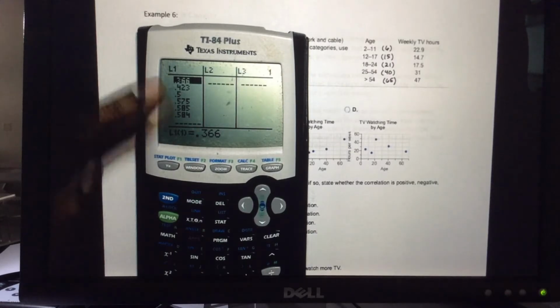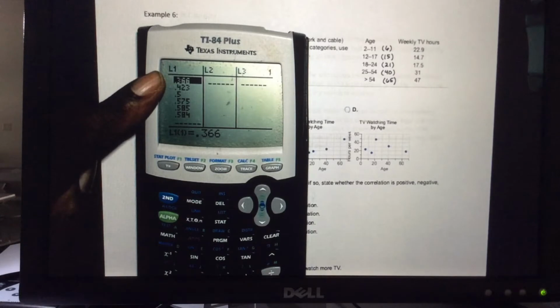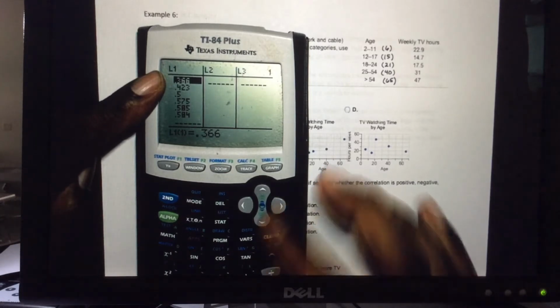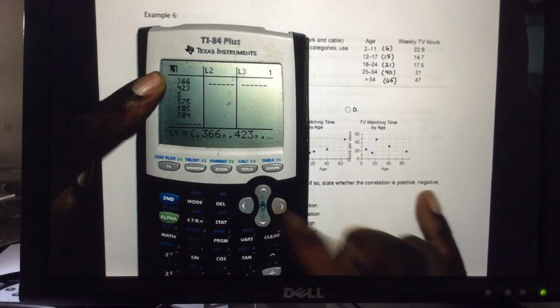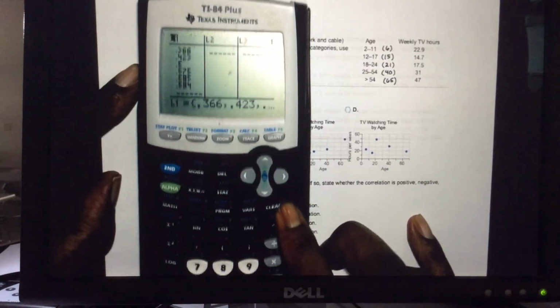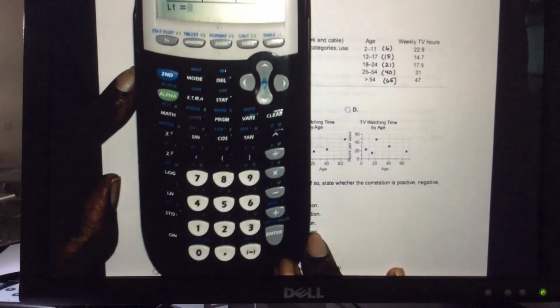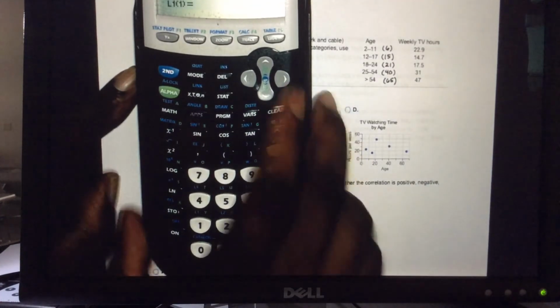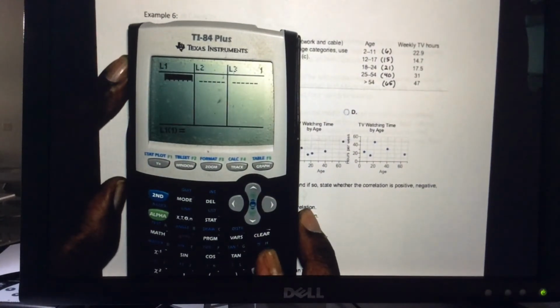Now if you have anything in L1 like I have here, we want to clear those data values out. We're going to do that by using the up arrow key to highlight L1. Then you're going to press the button that says clear, and then the button at the bottom that says enter. That will clear L1 out completely.